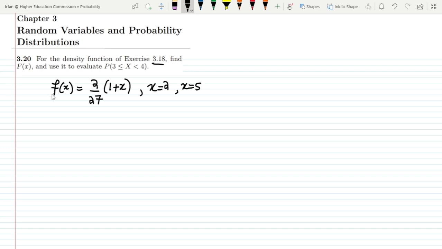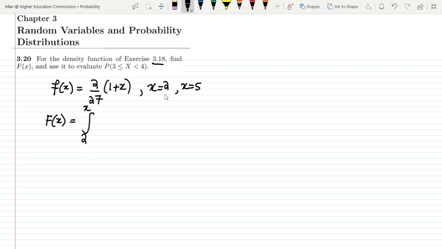Now I have to find the capital F of x, which is the CDF, and in order to do so I will start integrating from 2 up to any value x.